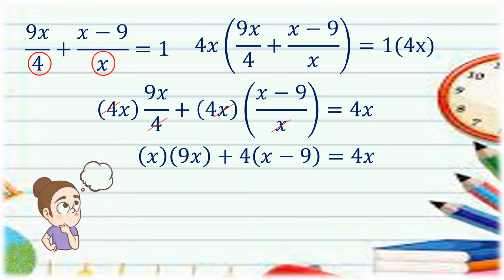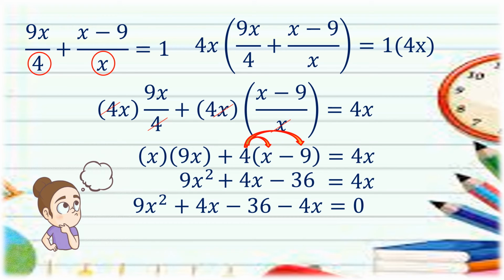So x times 9x plus 4 times x minus 9 is equal to 4x because 1 times 4x is equal to 4x. Then we are going to distribute. So x times 9x is equal to 9x squared. Then distributing 4 inside the parentheses, we have 4x minus 36 is equal to 4x.